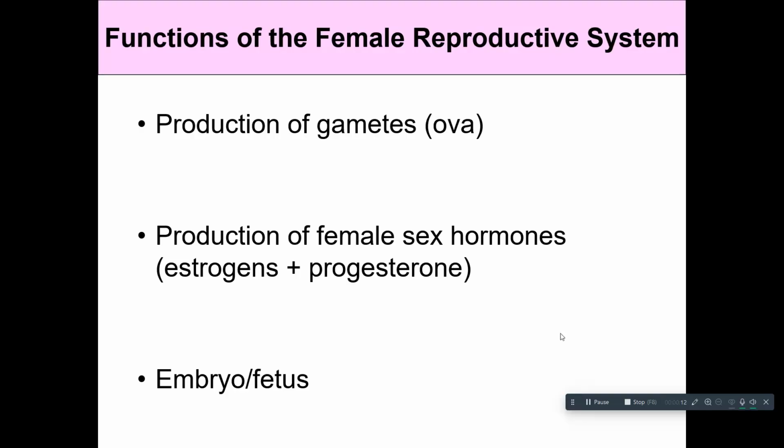Big functions of the female reproductive system include the production of gametes. Remember, gametes are haploid sex cells, which in the case of the female are known as ova. The female reproductive system is also, of course, producing female sex hormones, primarily estrogens and progesterone. And naturally, it is going to house and take care of and eventually give birth to the embryo, fetus, baby combination.